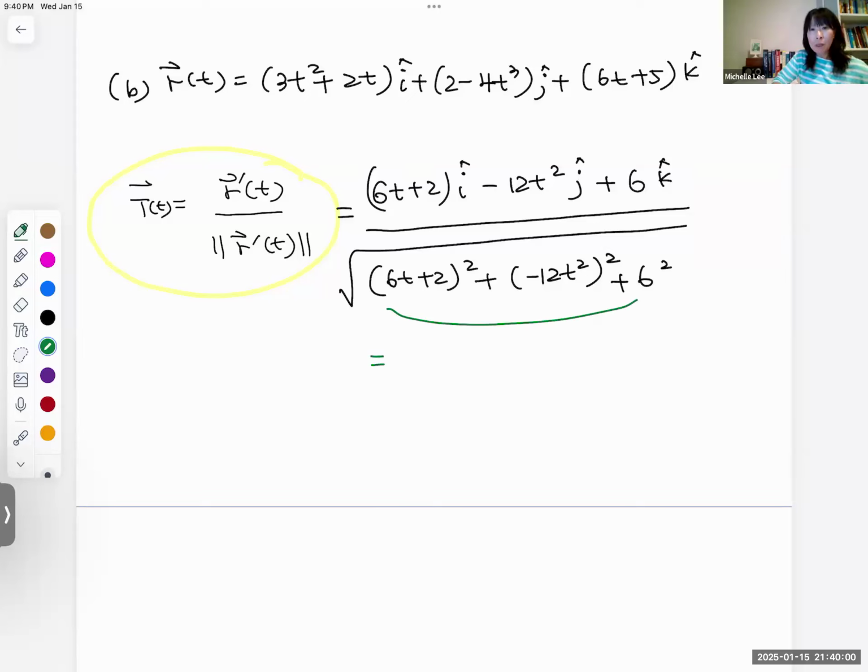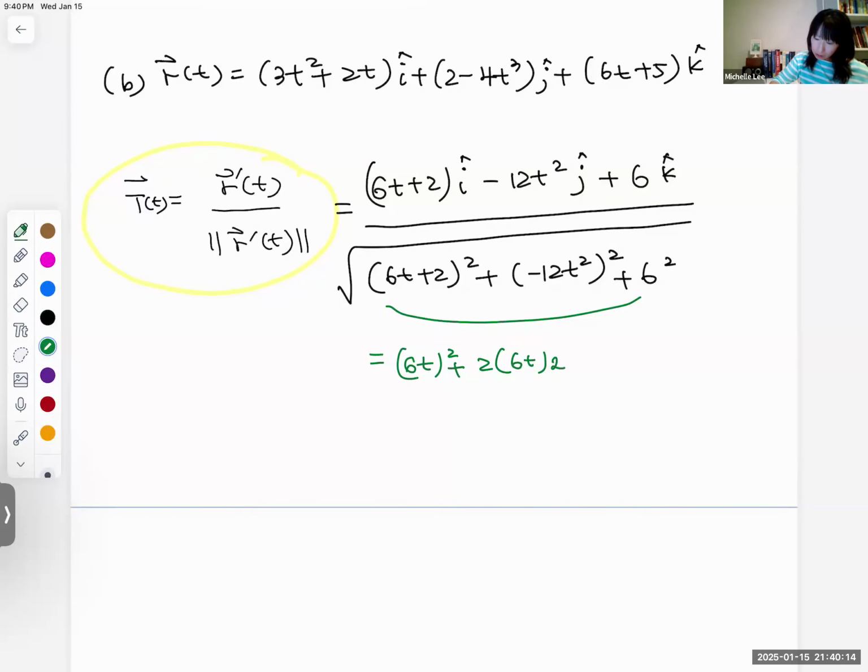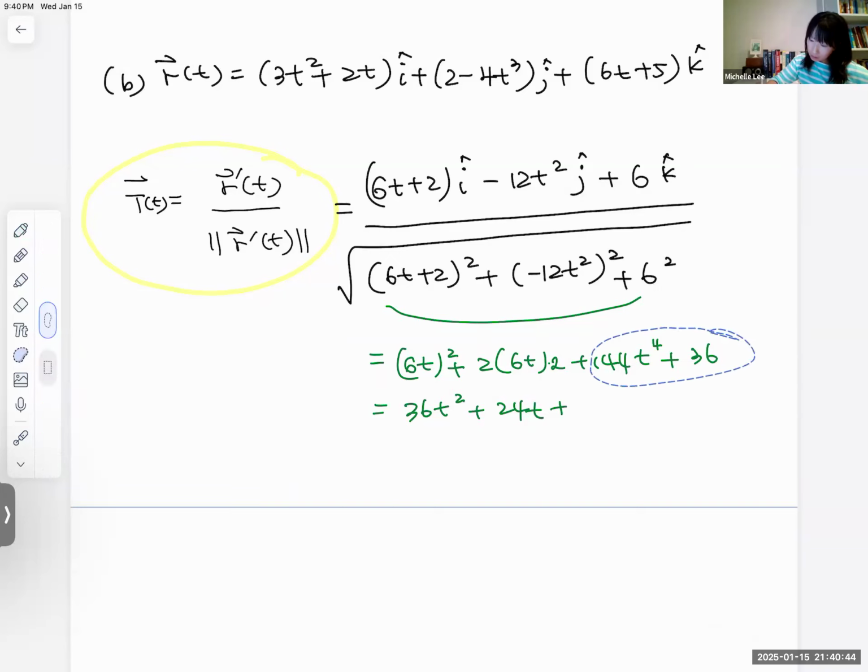So let's do this one. 6t plus 2 squared is 36t squared plus 24t, plus, oh, missing 2 squared, so it's 4.